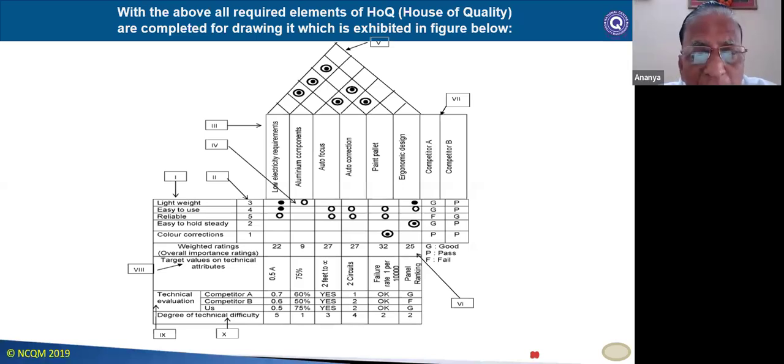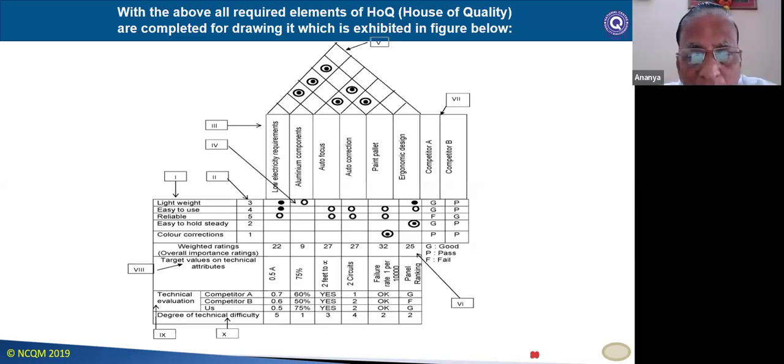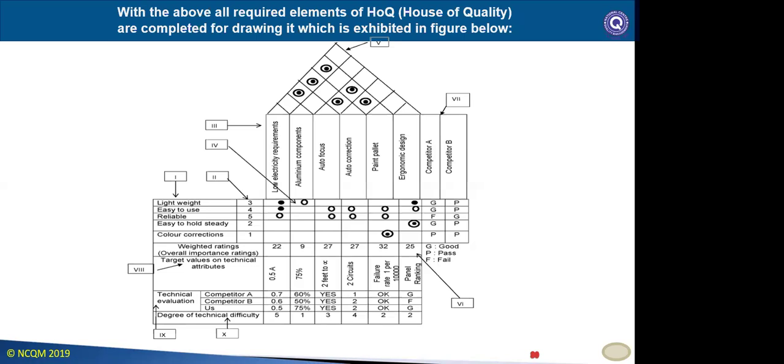Then come again to that low electricity requirement. You go, there is a triangle and then there is a square. Then go down, there is a triangle and it indicates aluminum components. You went up once, then came down.